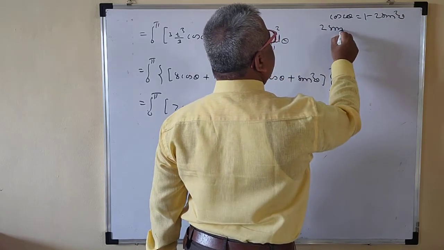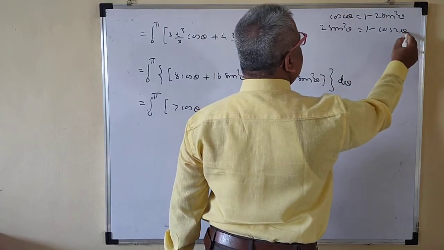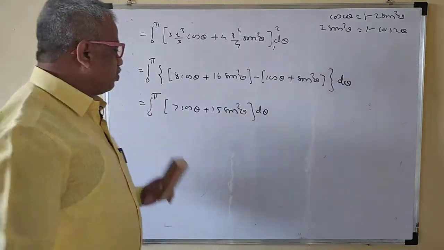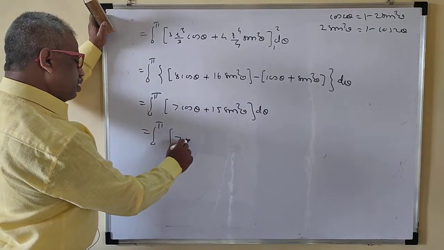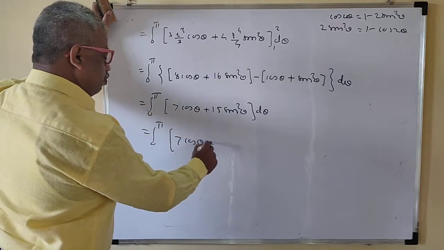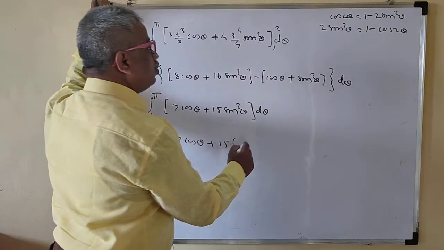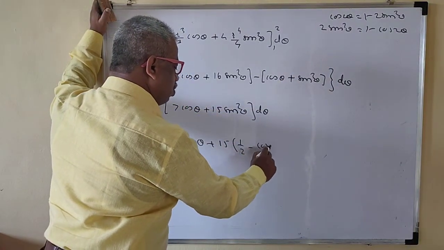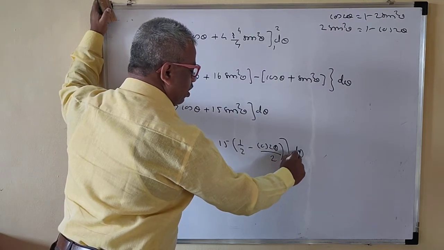So we shift the terms, and sin square theta is 1 minus cos 2 theta upon 2. So we write the integral from 0 to pi of 7 cos theta plus 15 times half minus cos 2 theta upon 2, d theta.